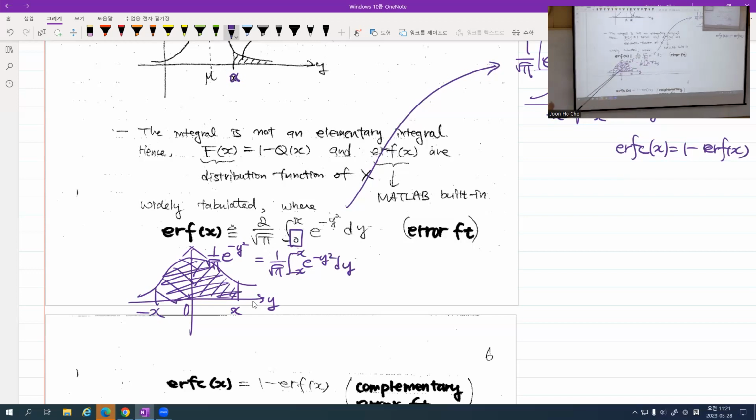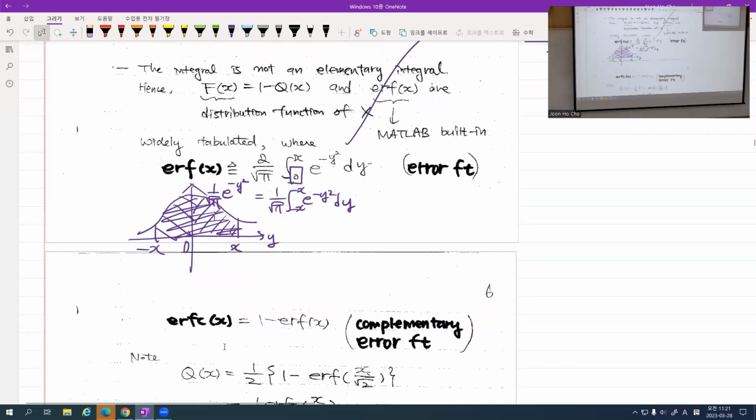And from this figure, you can see that the Q function is directly related to the tail end probability. So it's related to the complementary CDF. But the error function is related to the CDF. Got it? So people defined the so-called complementary error function.